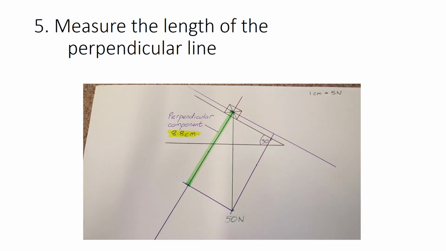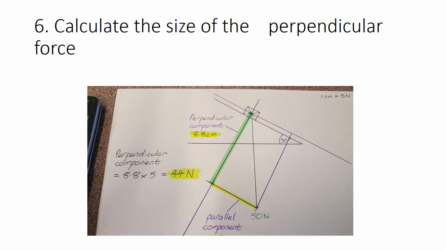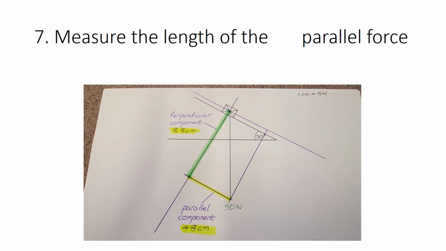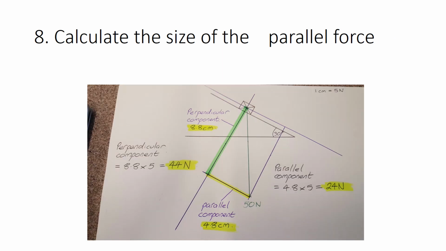We can then measure the length of the perpendicular line to be 8.8 centimetres. And because 1 centimetre equals 5 newtons, we know that the perpendicular component is 8.8 times 5. The parallel component is 4.8, which gives me 24 newtons. All right.